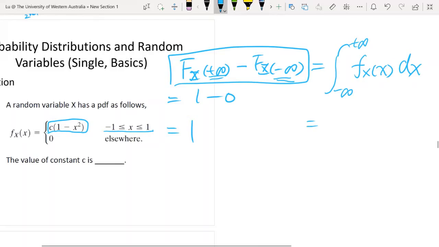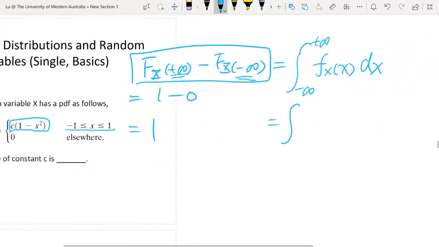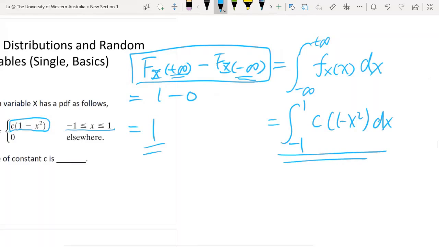So this is equal to, for this particular case, because we have a non-zero value for this PDF function only between -1 to 1 region, so we can change the integration boundary from -1 to 1 and then put c times (1 minus x squared) dx as the PDF function within this region. And this integration will be equal to 1.